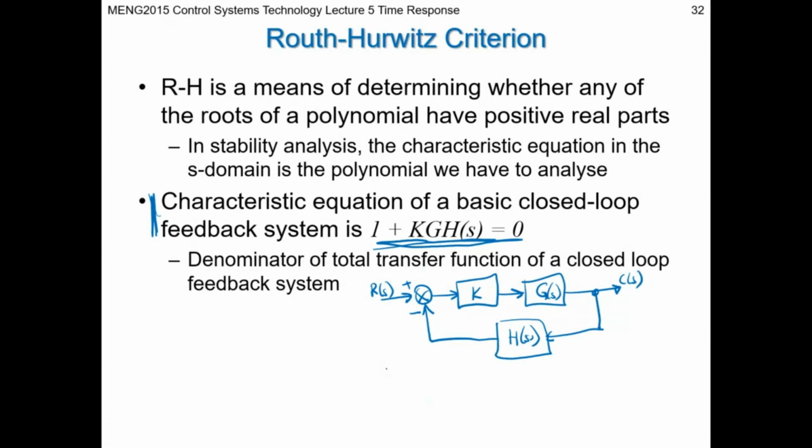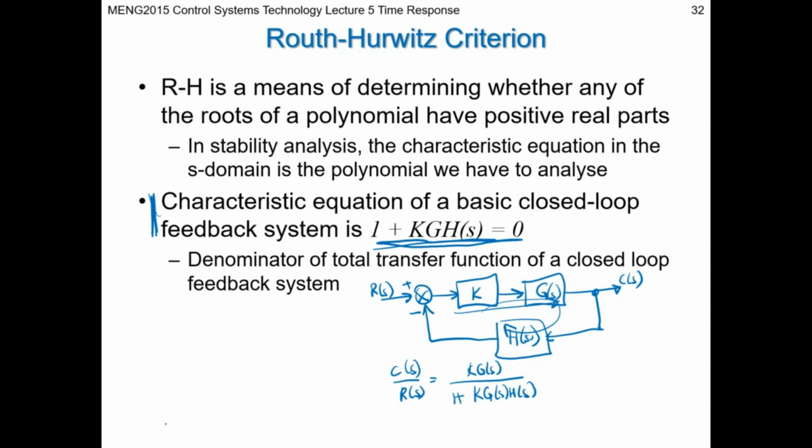So our overall transfer function C over R is going to be the forward path, KG, over 1 plus the open loop, 1 plus KGH, right?